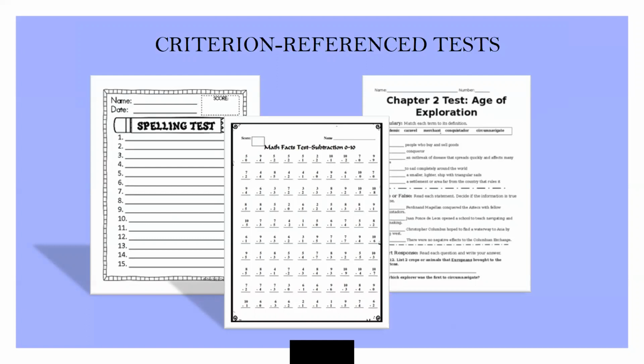So instead, what you do with criterion reference is you measure students' performance on specific areas of knowledge from the curriculum. You want to see, here's what they're expected to know, how did they do, and now how do I need to adjust my instruction based on our students' needs?